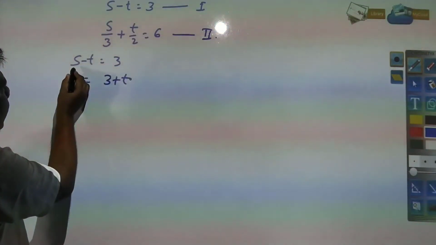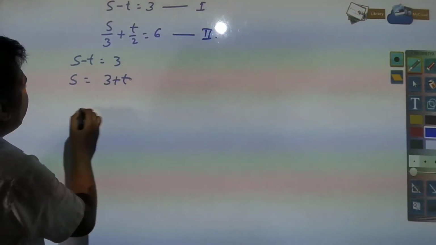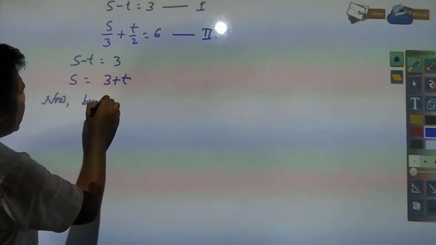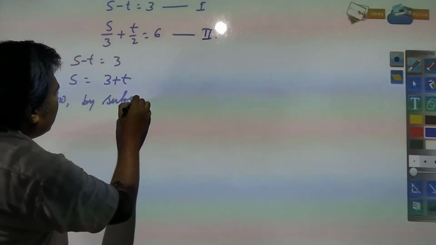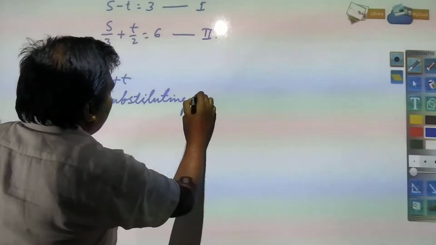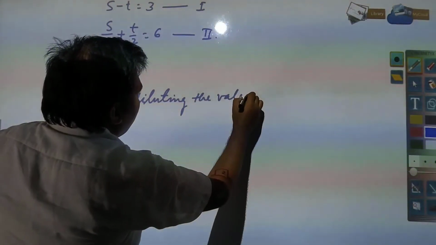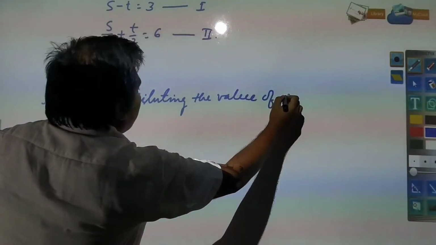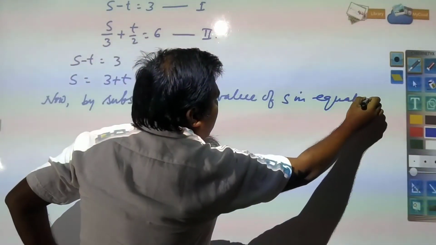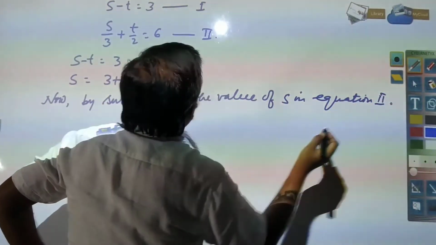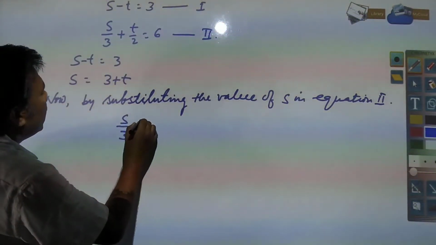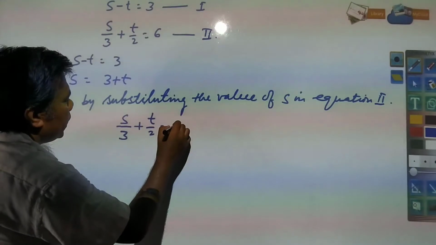Now by substituting the value of s in equation 2, your equation 2 you have s by 3 plus t by 2 is equal to 6.